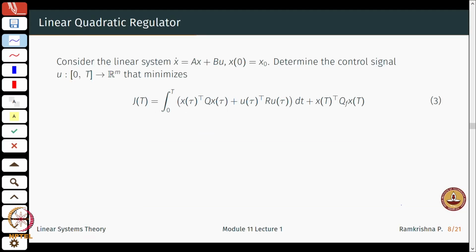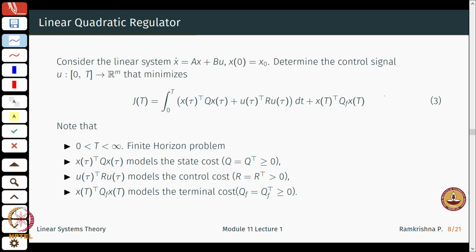The problem is that given a linear system x dot equal to Ax plus Bu with some initial state, determine the control signal u that minimizes this particular cost function. Okay. Now, what is the observation here?